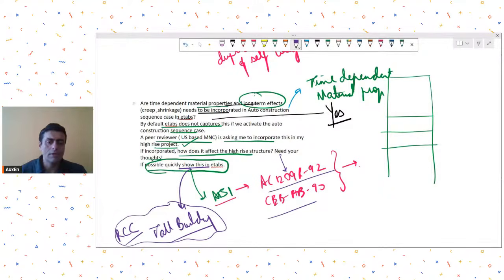All those things we have covered in a lot of detail. If you are interested, you can have a look at this course. Otherwise, you can just go through these documents, ACI 209R 92 or CEB FIP 90. I think there is one CEB FIP sometime in 2010 also. So all those documents you can refer to. Okay.